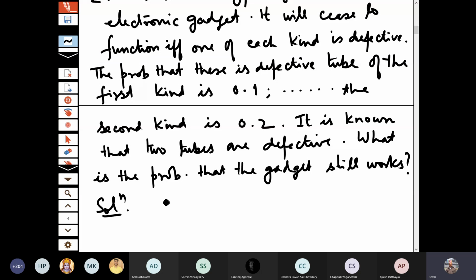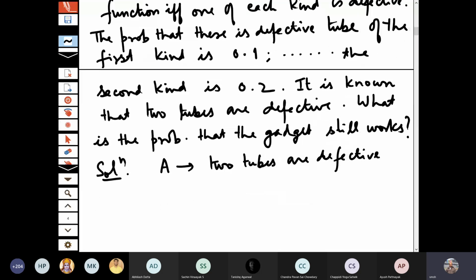So let us consider the event A, that two tubes are defective, and let us say B is the event that the gadget still works.